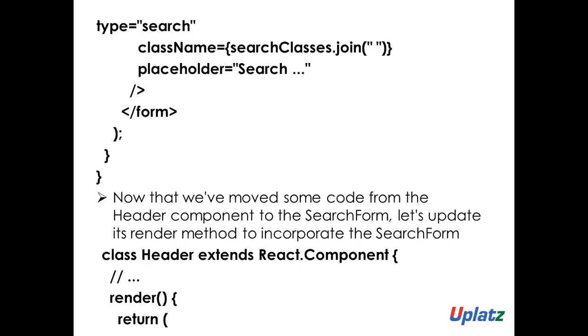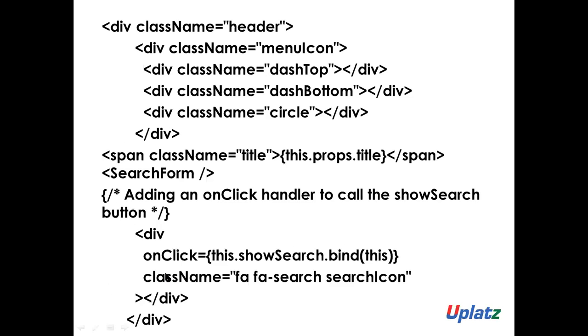Class Header extends React component. Here, inside my render's return method, div class header, menu icon, dash top bottom circle. Then span className title, with this.props.title inside of the className, and closing that.